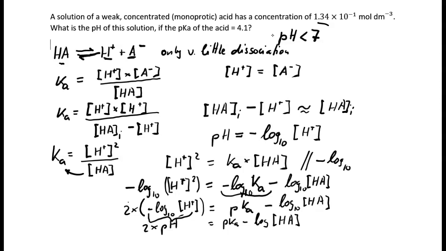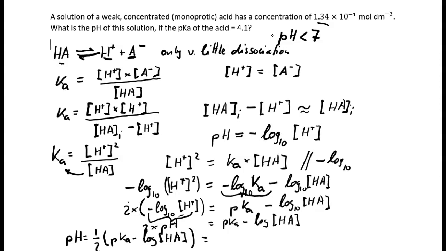And we can also then write a general equation which is actually pretty good. pH equals 1/2 of pKa minus log of the acid concentration that we have here.